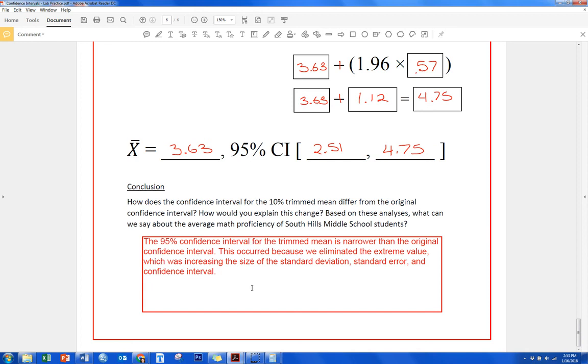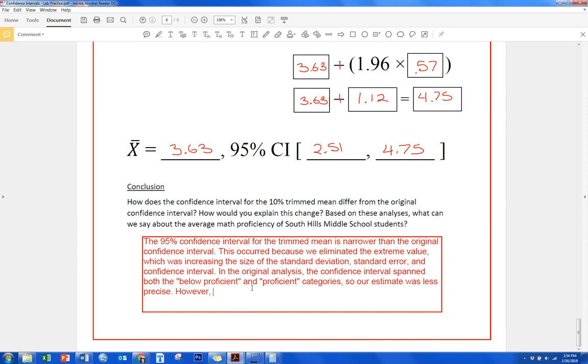Let's see. In the original analysis, the confidence interval spanned both the below proficient, let's put that in quotes, below proficient and proficient categories. So our estimate was less precise.